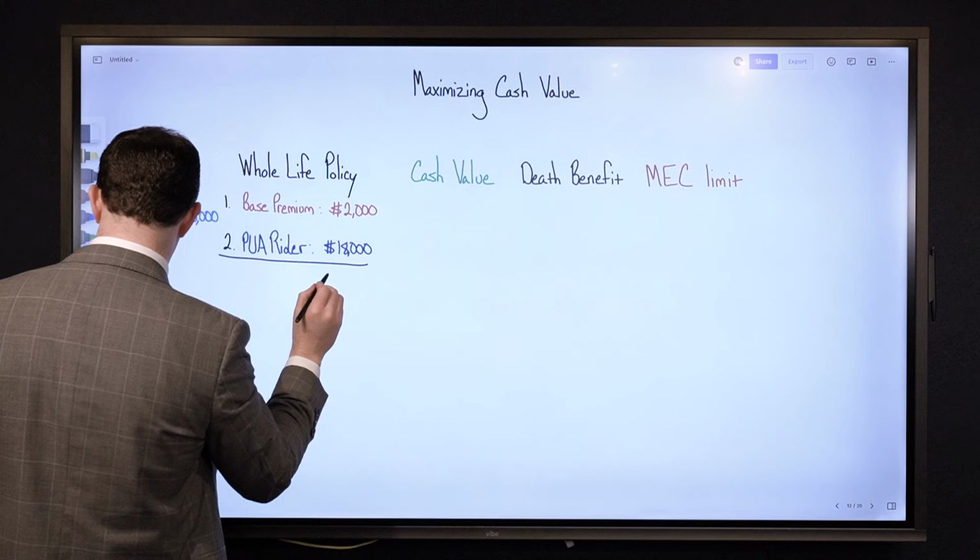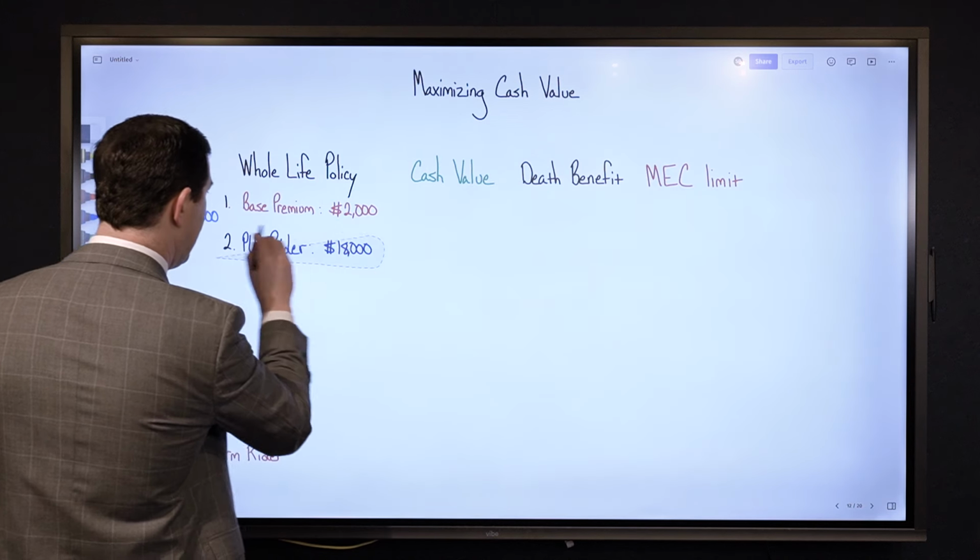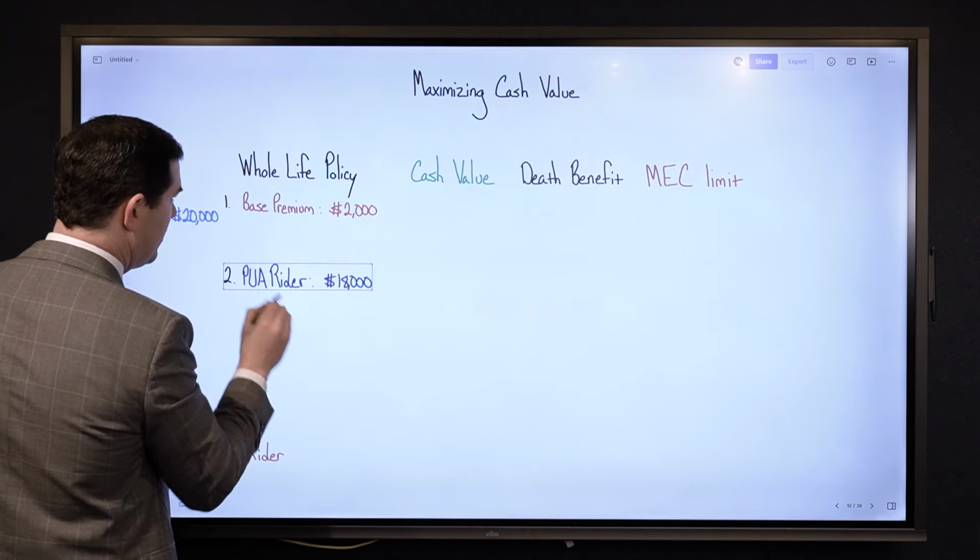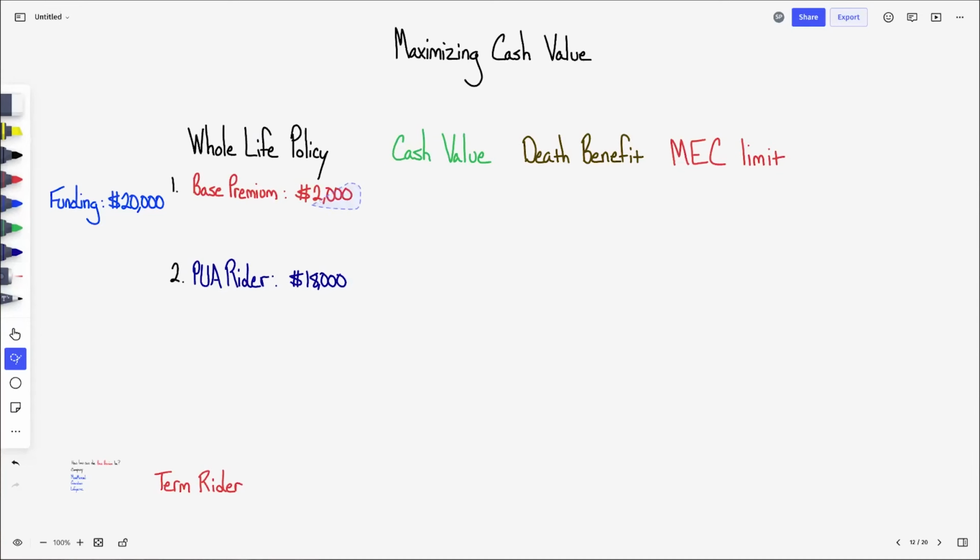So I'm going to keep my PUA at $18,000. My premium, I'm actually going to lower as low as I can to about $1,800. And then I'm going to add this guy down here, which we'll call 1A, a term insurance rider, which the cost might be $200.